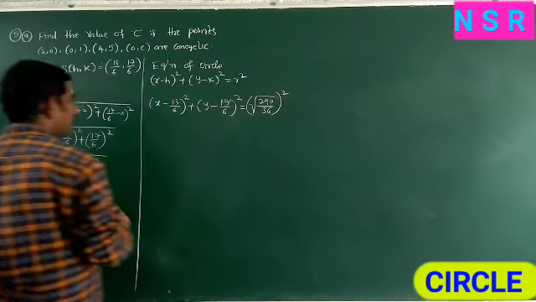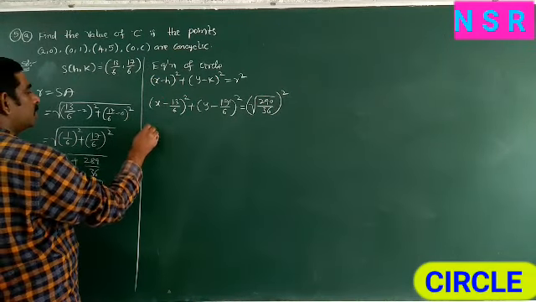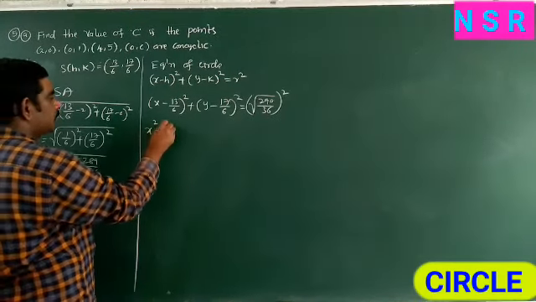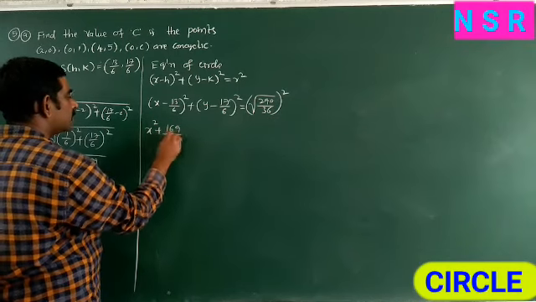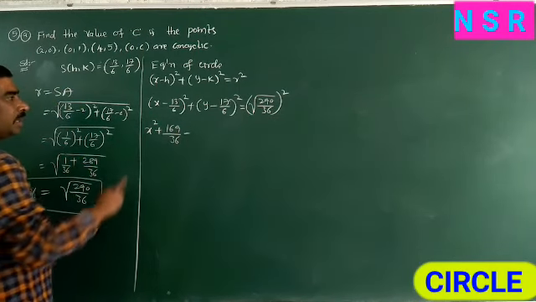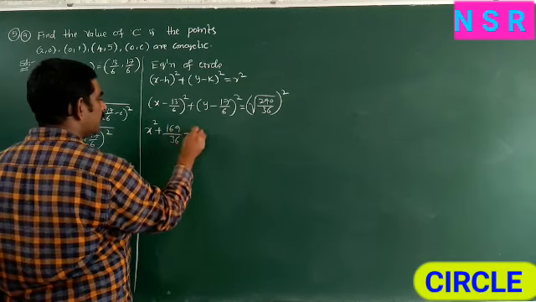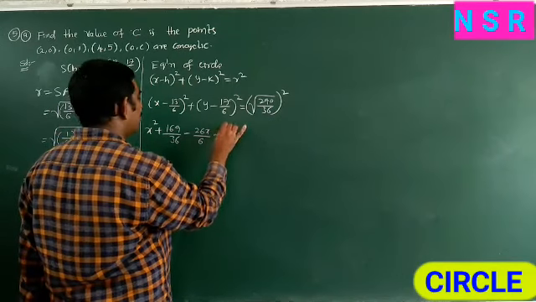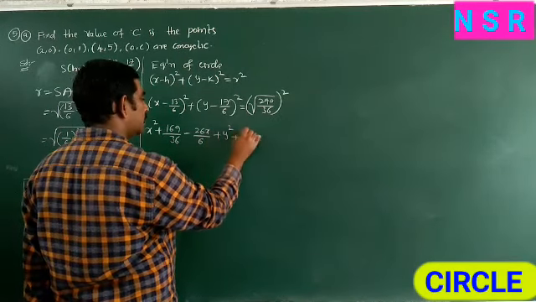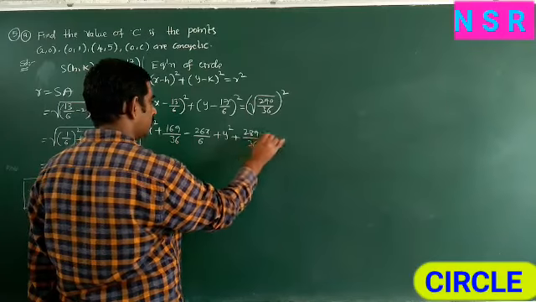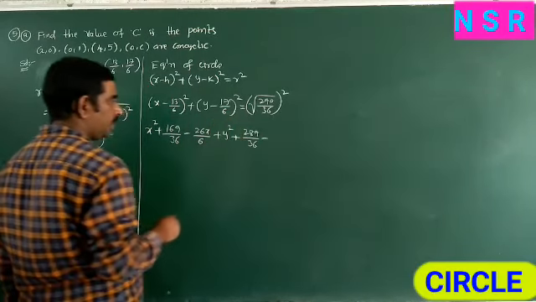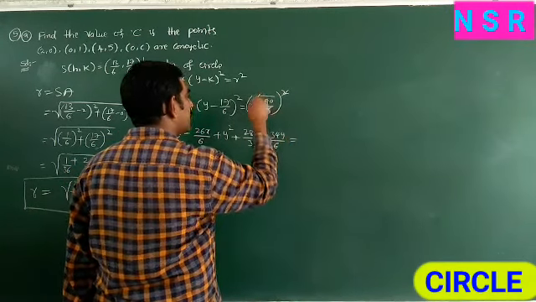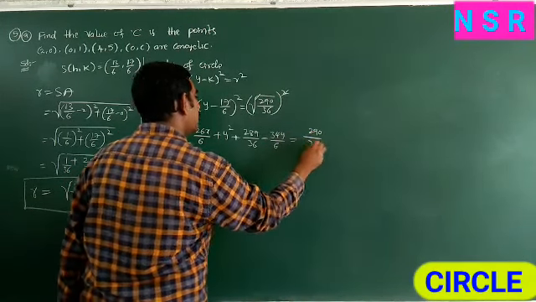Using (a minus b) whole square, a square plus b square minus 2ab: x square plus 169 by 36 minus 26x by 6, plus y square plus 289 by 36 minus 34y by 6 equal to 290 by 36.